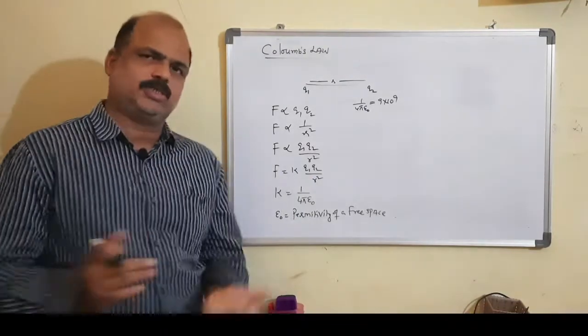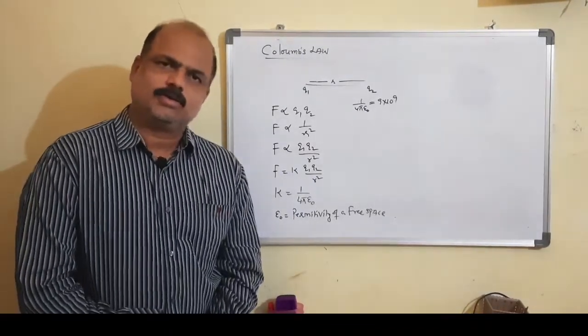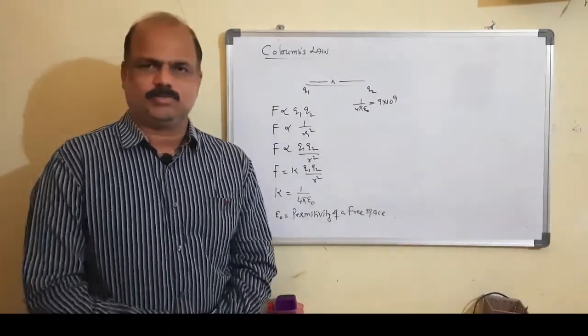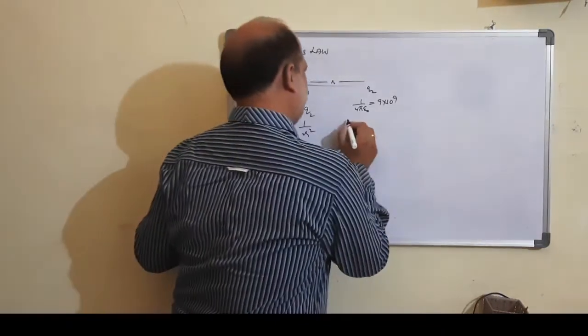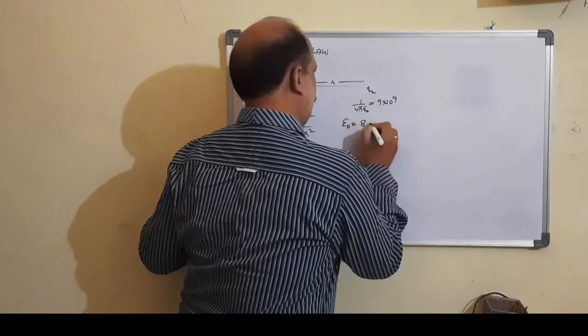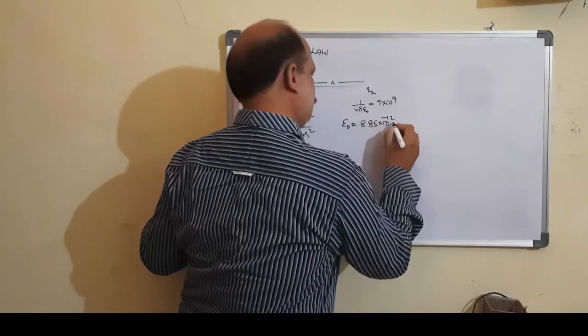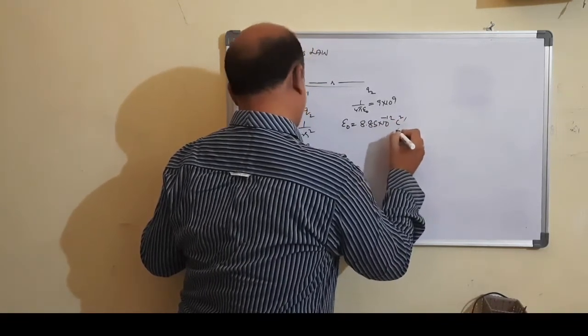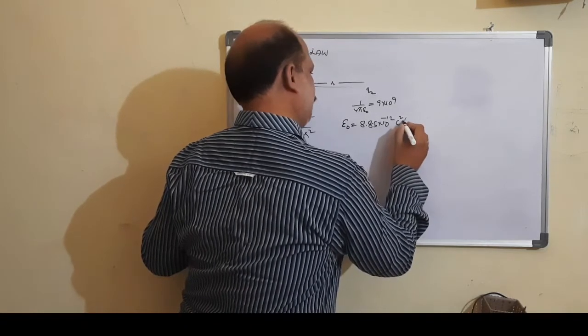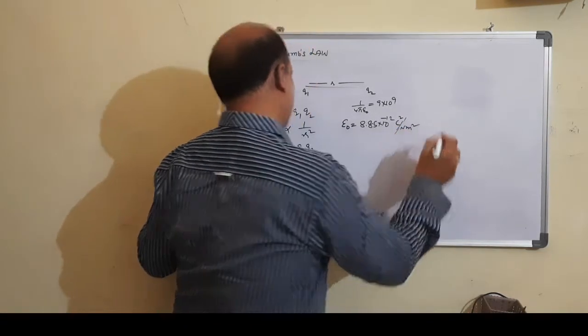Epsilon naught is a constant. It's a numerical value. Its value is 8.85 into 10 to the power of minus 12 Coulomb square by Newton meter square.